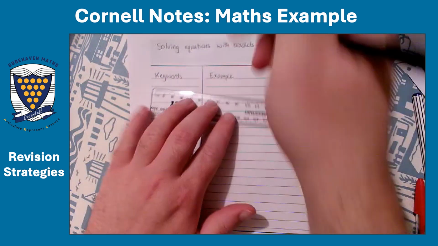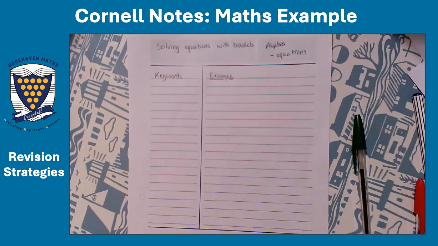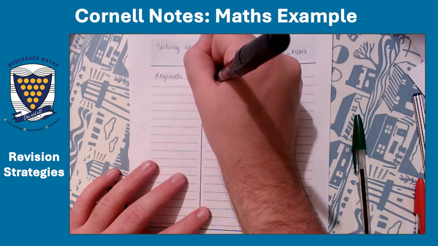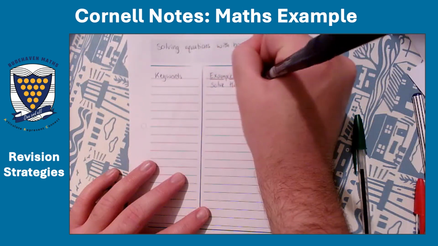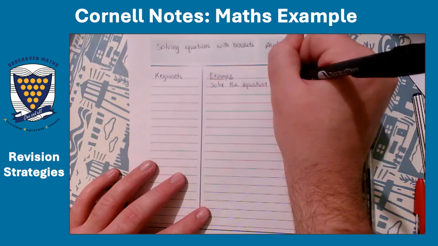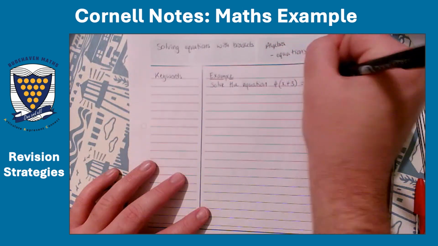I'm going to put my subtitle, example. Then I'm going to write out the question. Solve the equation 4 lots of x plus 3 equals 20.